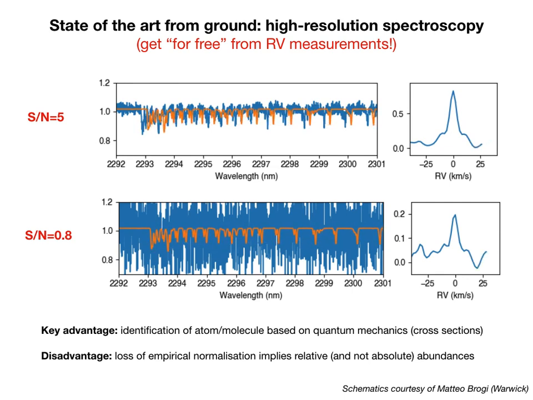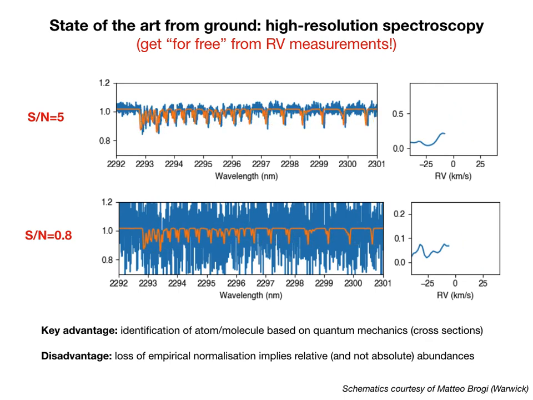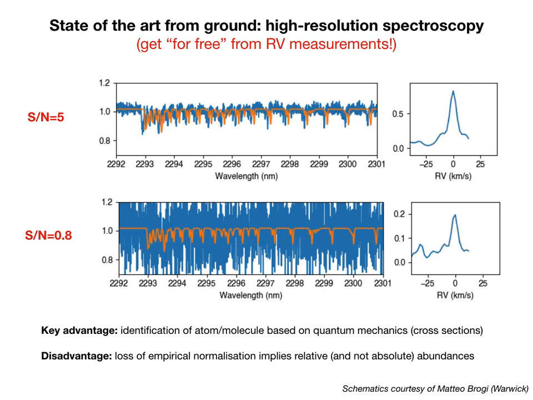But the idea is that the cross-section contains dozens, if not hundreds, of spectral lines. And by checking the positions of these dozens, if not hundreds, of spectral lines, and also their positions relative to each other, one can actually infer if this molecule or atom is actually present in the exoplanet atmosphere.